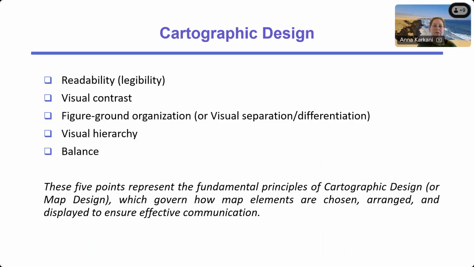So you can see that we have, for instance, readability or legibility, we have visual contrast, and we will see each of them separately in any case. Visual separation or differentiation, the visual hierarchy, and the balance. So all of these different elements, we always need to have them in mind.